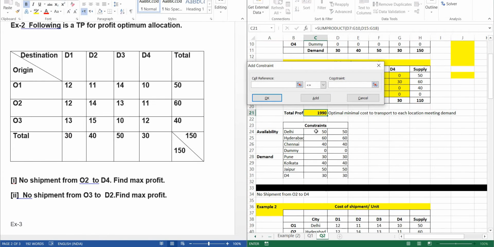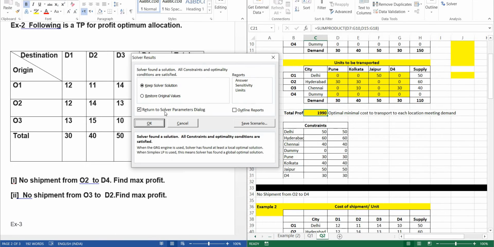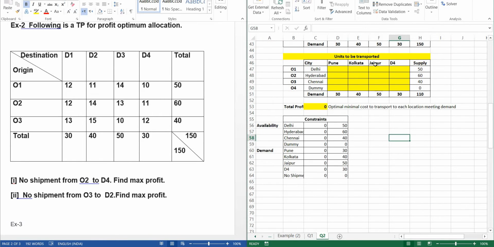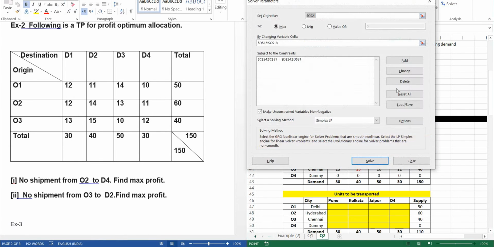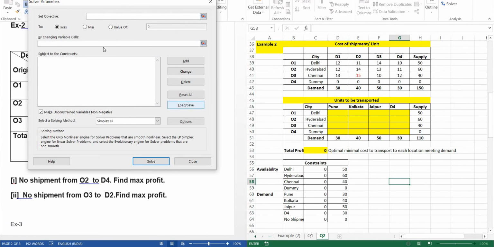Yes, sir. Have you completed? I have completed the first part, sir. I'm doing the other methods. I found the optimum. Do it. Shubham Jain. Yes, sir. You have completed?